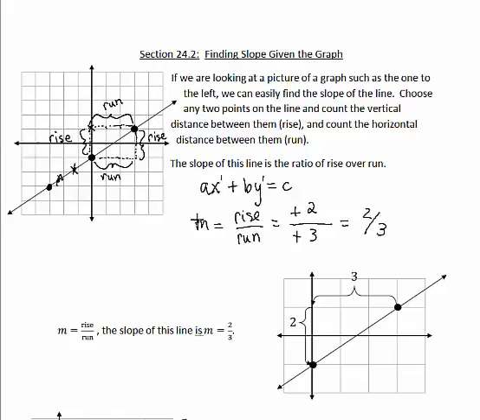The slope is simply a number. It doesn't have any variables contained in it. This describes the steepness of our line. This number would be inserted into our equation.